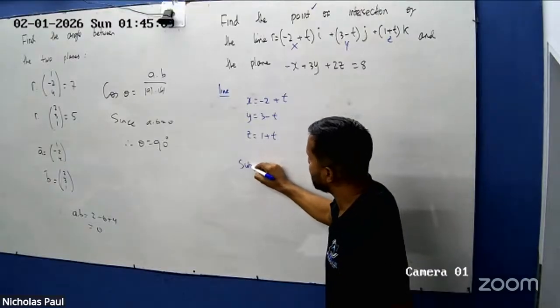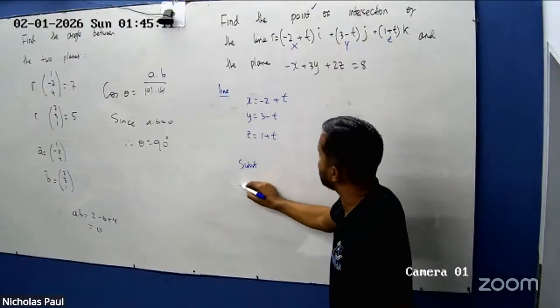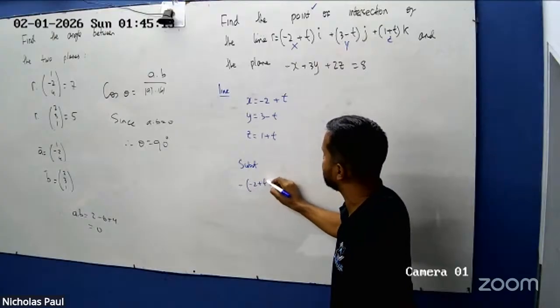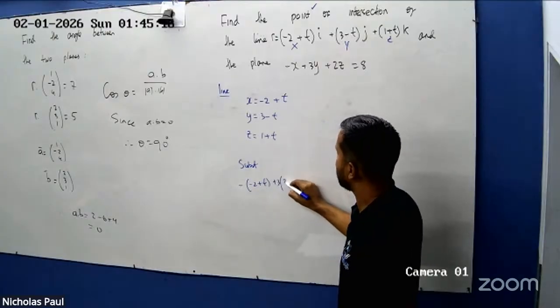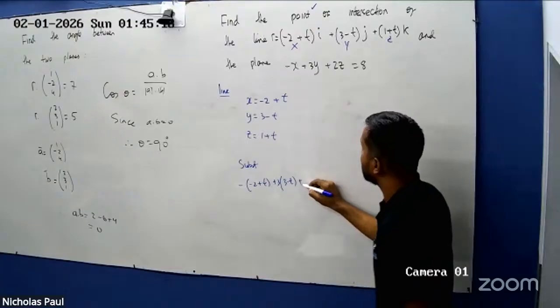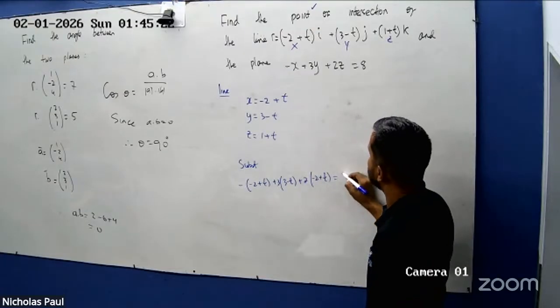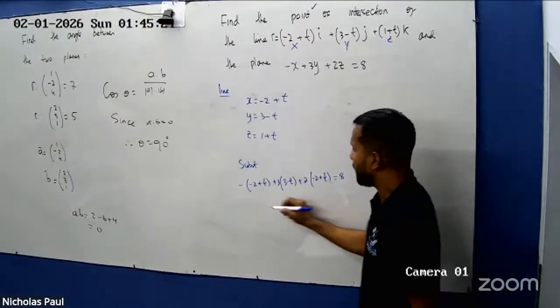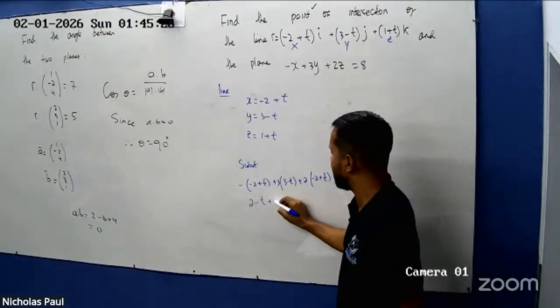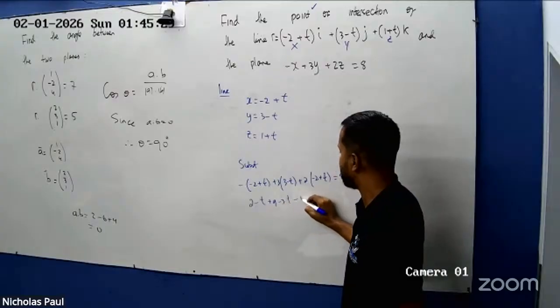So when we substitute, we're going to get minus 2 plus t, plus 3 by 3 minus t, plus 2 by minus 2 plus t is 8. So I have 2 minus t plus 9 minus 3t.